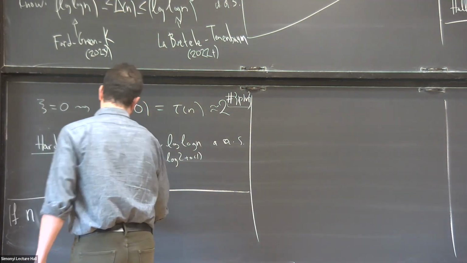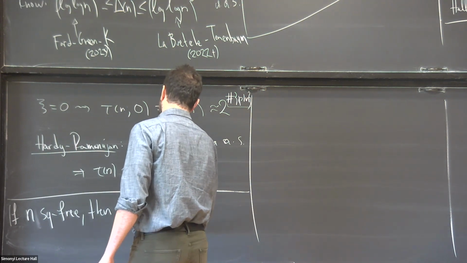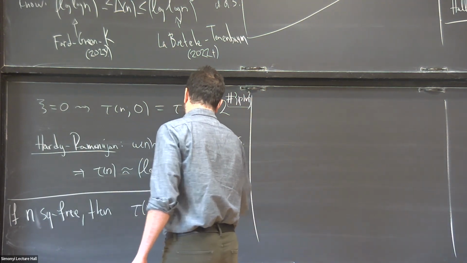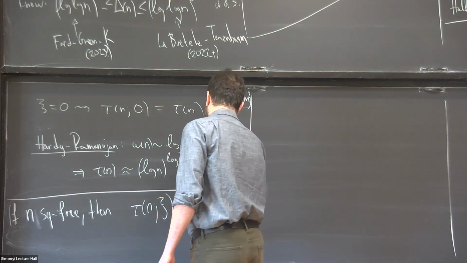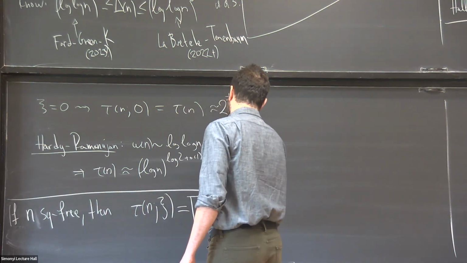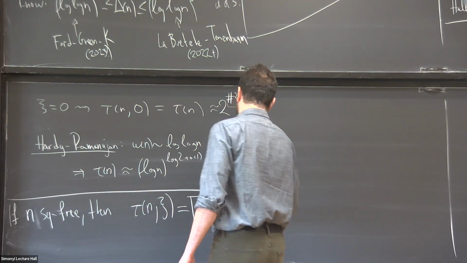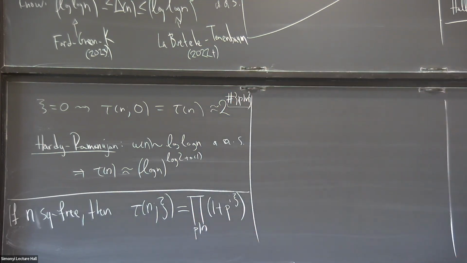Then we can factor this function as a product over all prime divisors of n, a product of 1 plus p to the it.